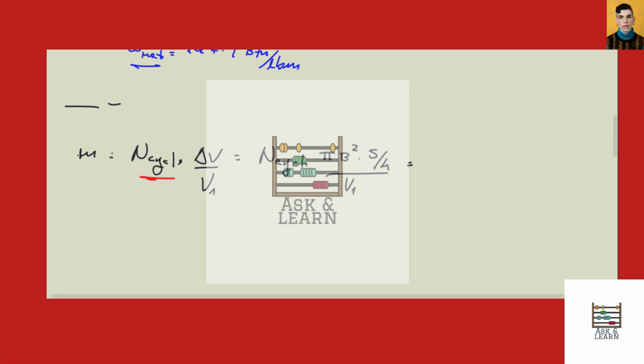So the total mass is the number of cylinders, which is going to be 6, that multiplies the average volume of the cylinder divided by the volume 1.